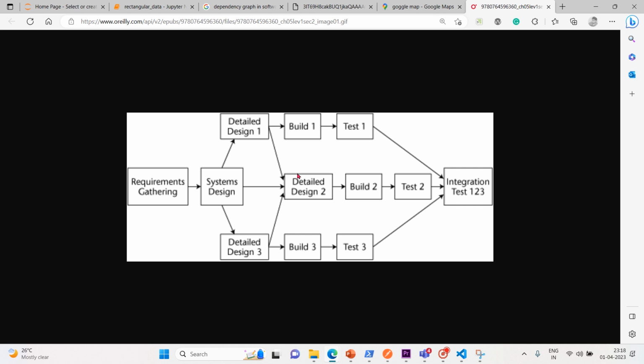So with detailed designs 1, 2, 3 and then all the builds together, finally we do the integration test. It's not the exact replica of what happens in the software industry, but I just want to give you a simple example to represent graph data. These are all called nodes, and the relationships, the lines and arrows which join from one to another, tell about the relationship between the nodes.